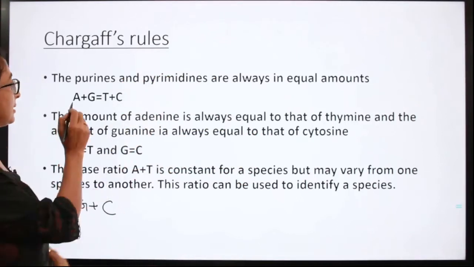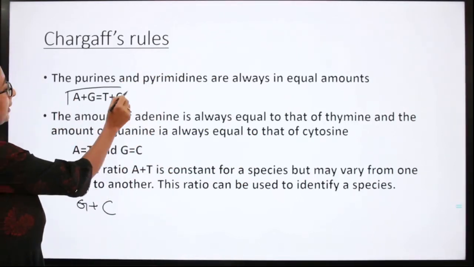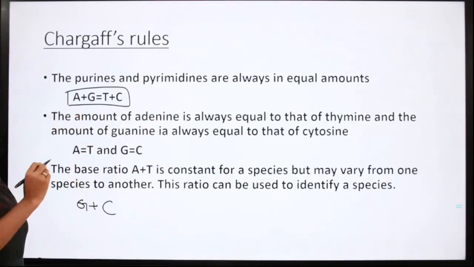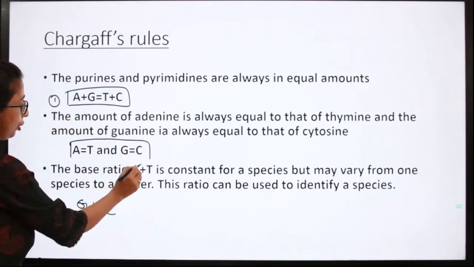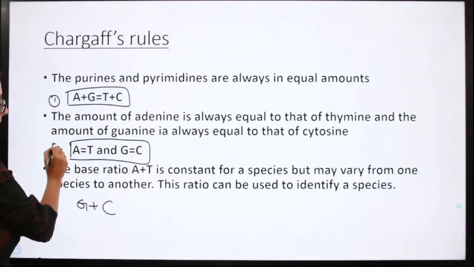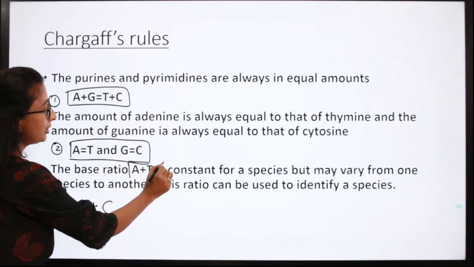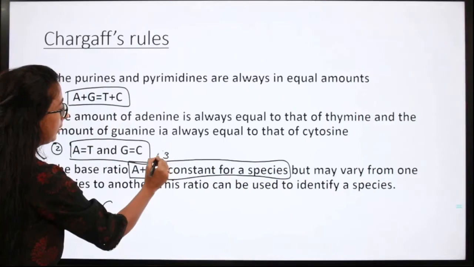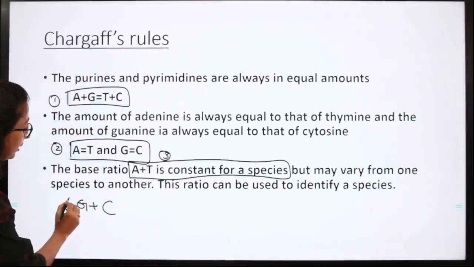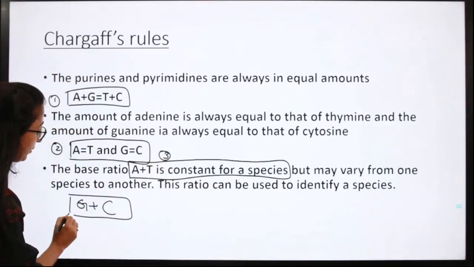Okay, so the first option will be A plus G equal to T plus C. This can be the second option, A equal to T and G equal to C. And A plus T is constant for a species. This can be the third option. And the fourth option can be G plus C is constant for a species.